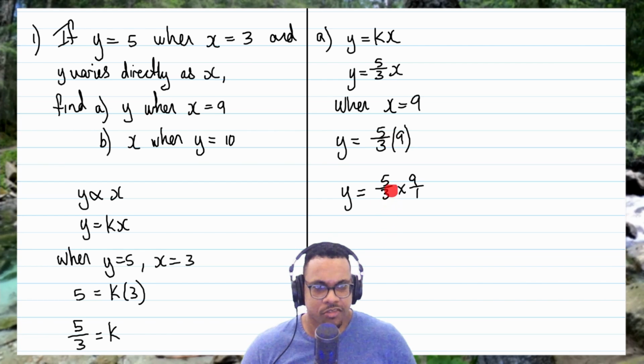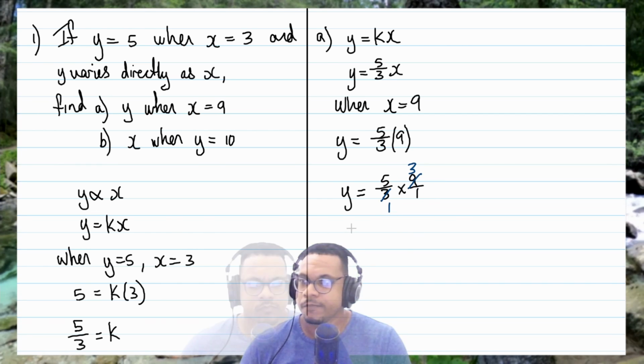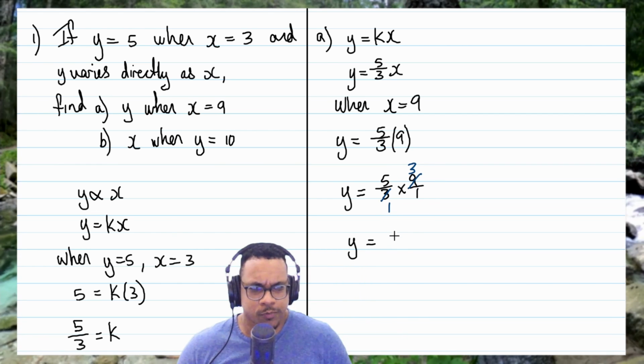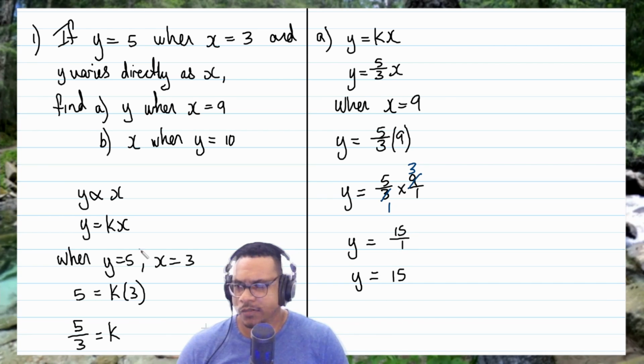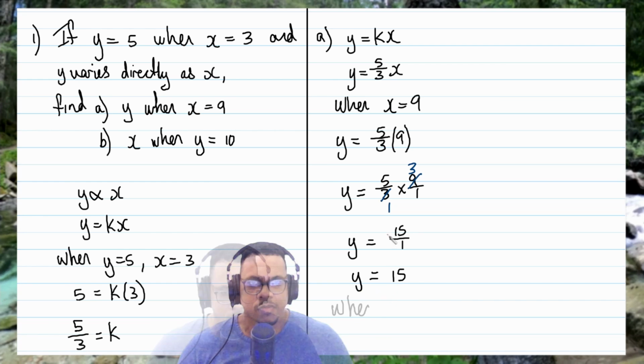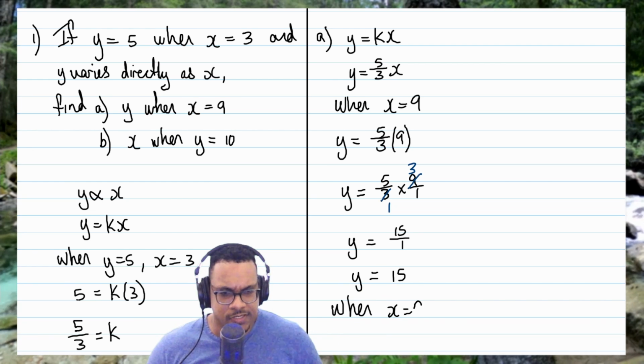So we know you can say 3 into 3, 1, and 3 into 9 is 3. So we do that. So now we multiply this 5 by 3 and get 15, and 1 times 1 is 1. So y is equal to 15 over 1, which is thus equal to 15. So this is your answer for part A. When x equals 9, y is equal to 15.